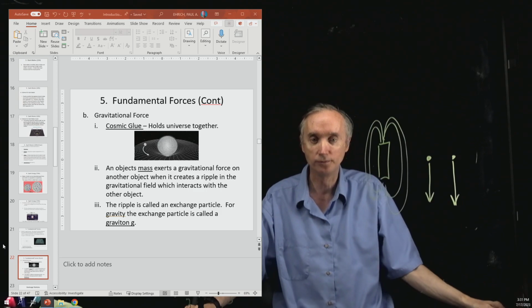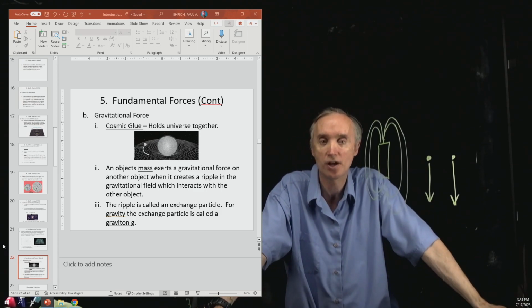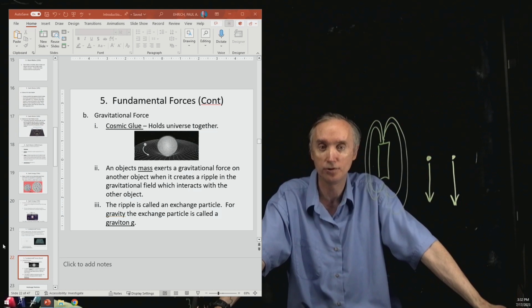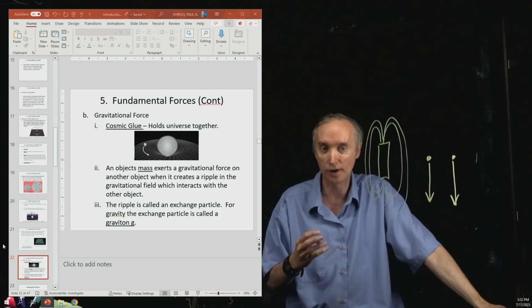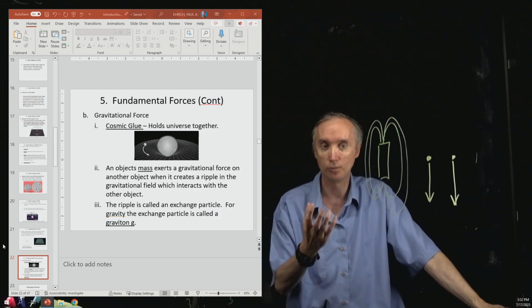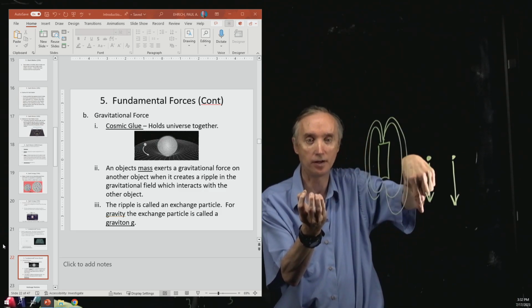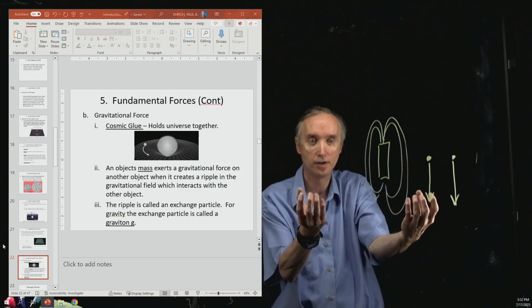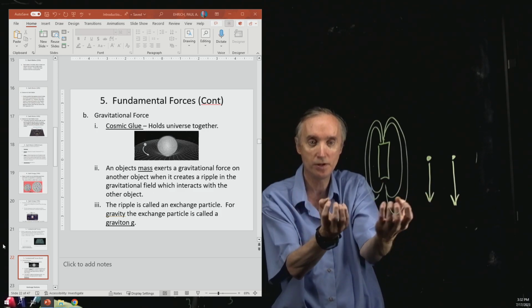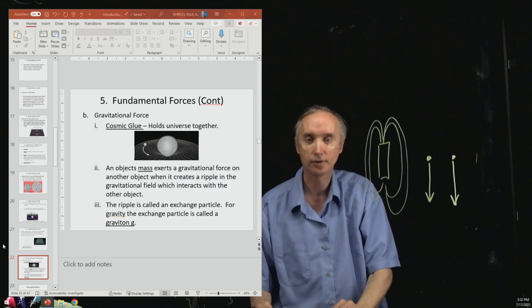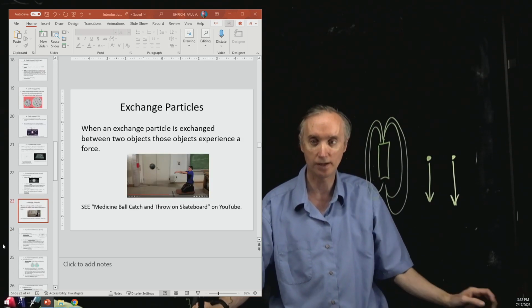So the ripple is going to be called an exchange particle. And for gravity, that exchange particle is going to be called a graviton. So I do want you to know what a graviton is. So when one object exchanges a graviton with another object, the two objects experience a force. So let's take a look at that in a little bit more detail.